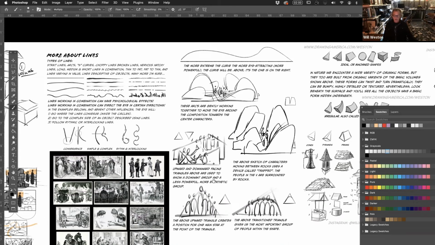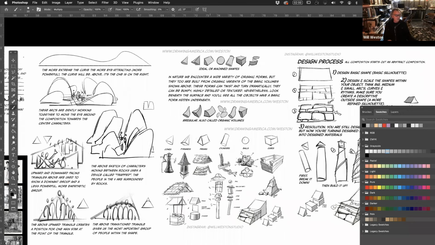We come over here, and this is how to break things down. So here, we're dealing with volumes. So here are ideal or machined volumes. Here are irregular or organic volumes. So man-made stuff, plants. Everything's made out of the same thing. There are no exceptions, no exceptions. If you don't see it, it's because you're not seeing it. It's not because it's not there, okay?